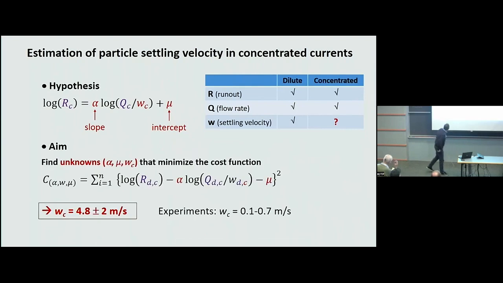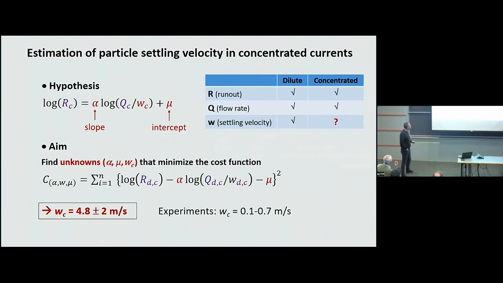And the aim is to find the unknowns alpha and mu, given here, and also WC, the settling velocity, that minimize the following cost function. So the resolution was made by my colleagues through an iterative procedure, and they have found that, on average, the settling velocity is equal to 4.8 plus or minus 2 meters per second.